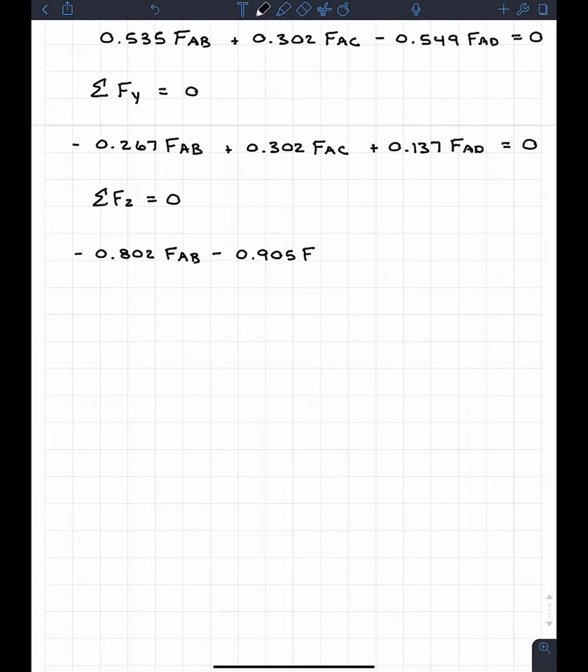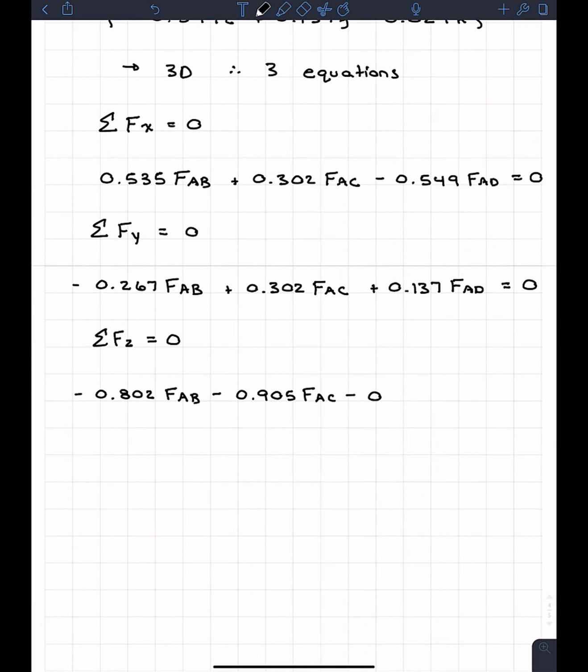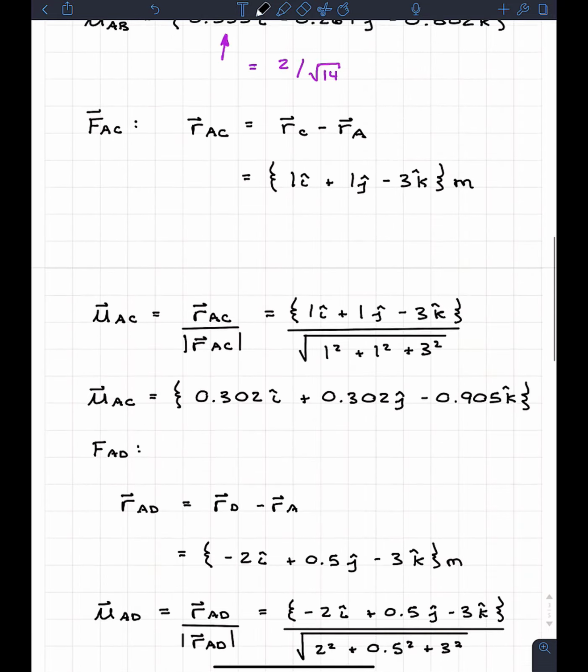FAC. And then minus the last component, which is right there, negative 0.824. So minus 0.824 FAD. Now, a lot of you would put equals 0, but we know that there's actually a third force here, and some of the forces in the z.